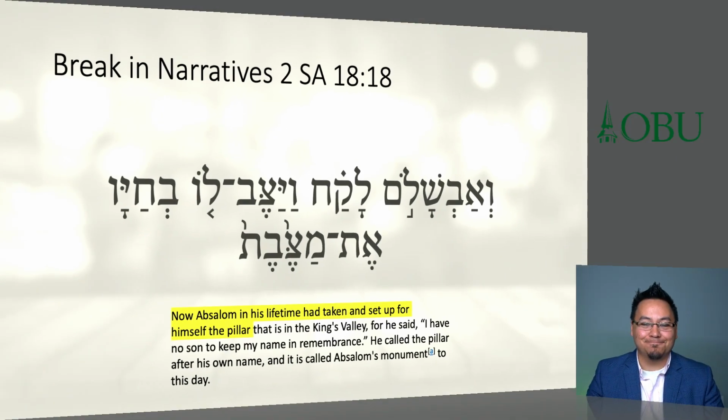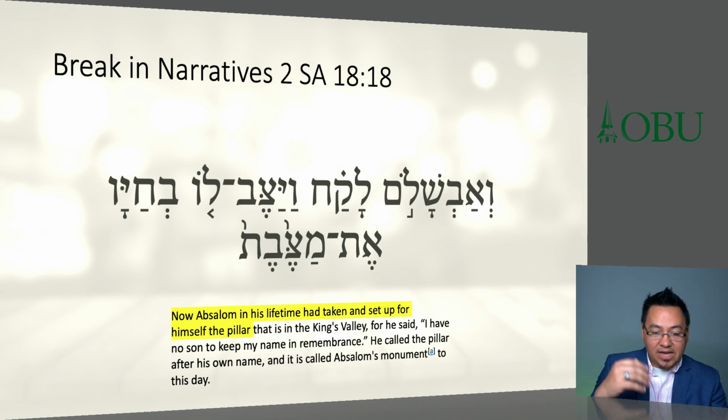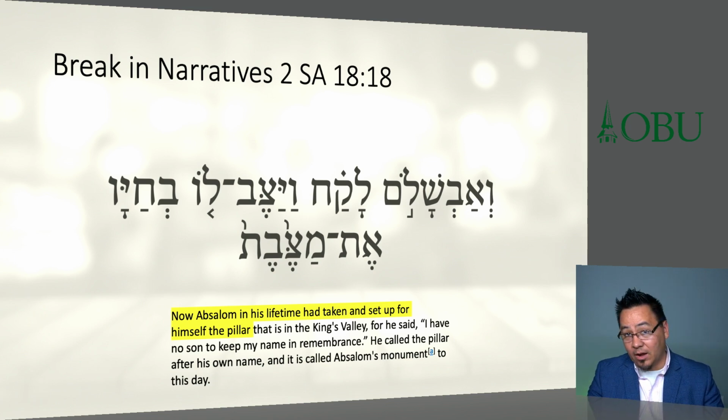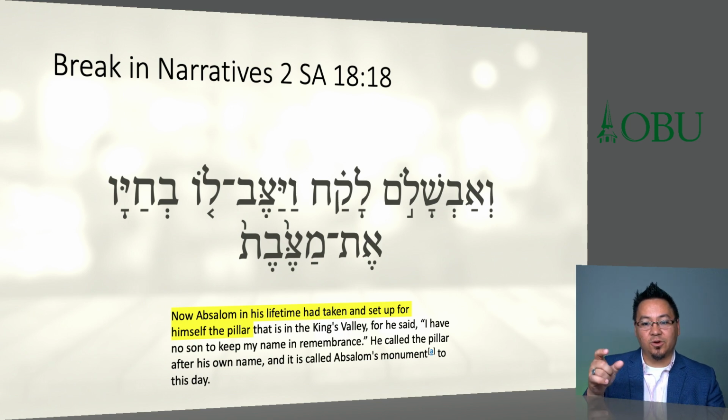Again, small screen. And Absalom, in his lifetime, is taking and setting up a pillar or an altar, we could put it that way. And how do we know that this is a side story, I believe in the middle of the Davidic notations? We know because it starts out, "And Absalom does this."